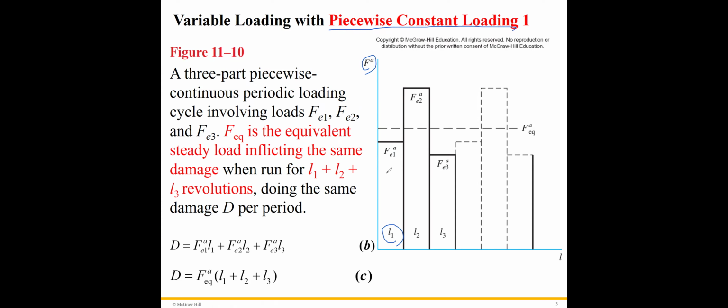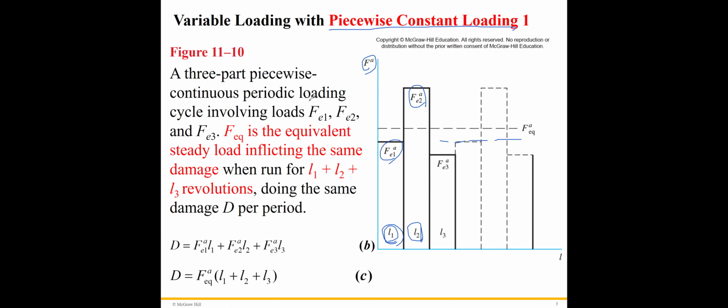So what type of piecewise loading or periodic loading is this bearing under? For the first cycle, the damage is FE1 to the power of a times L1, right? And for the second, the damage is defined as FE2 to the power of a times L2, and so on, right?